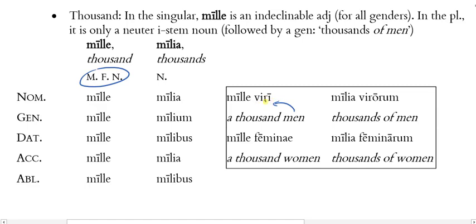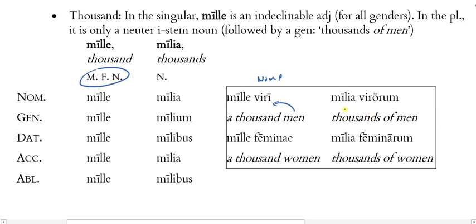So viri. So mille viri. And notice that mille is mille because mille is always mille. If I want to say 1,000 women, notice it's mille feminae. These are both nominative plural forms, and one's masculine, one's feminine, because we're talking about men versus women. But mille doesn't change because it's indeclinable.